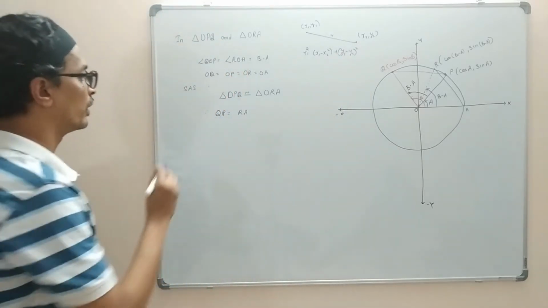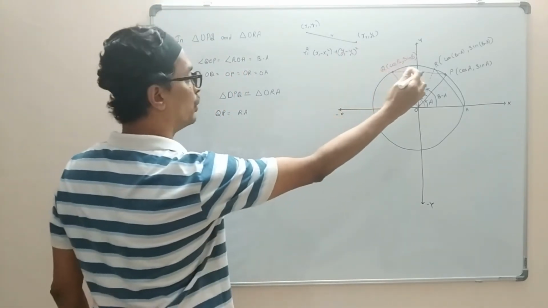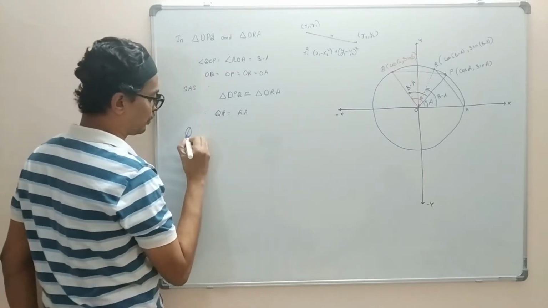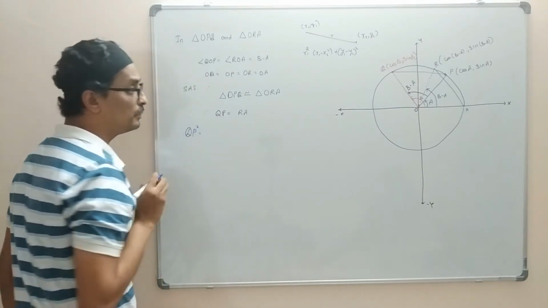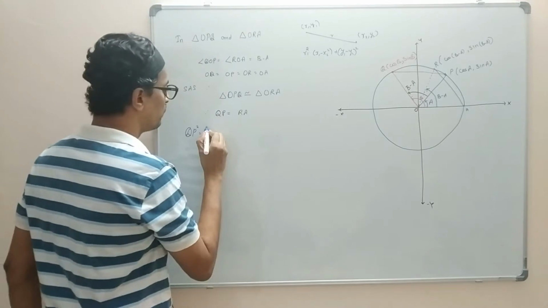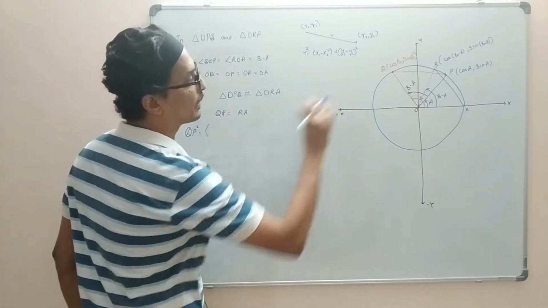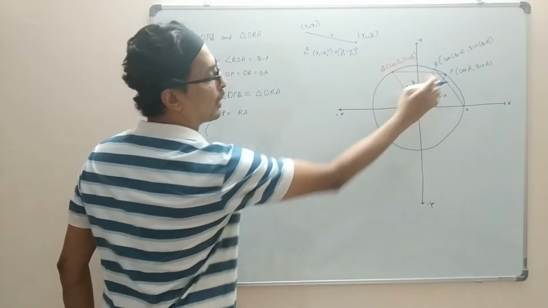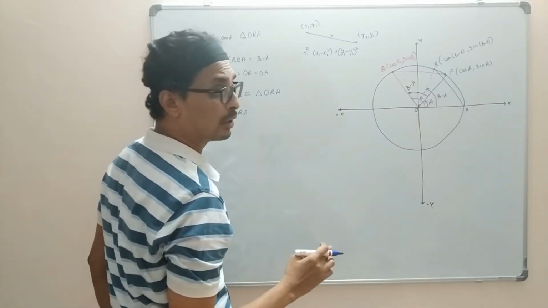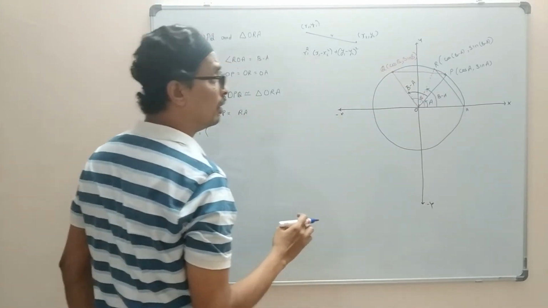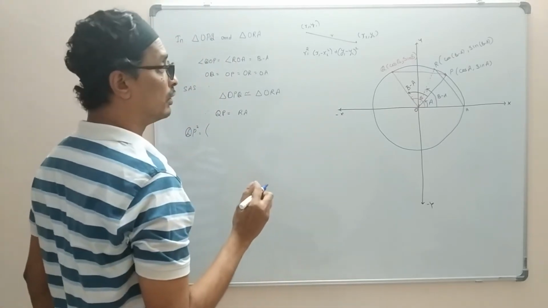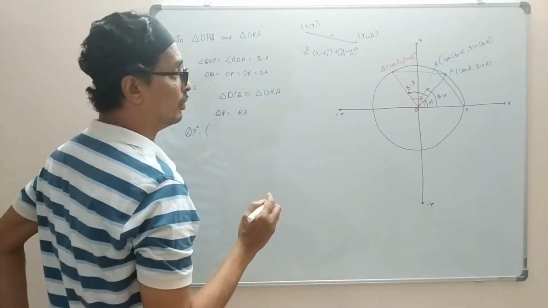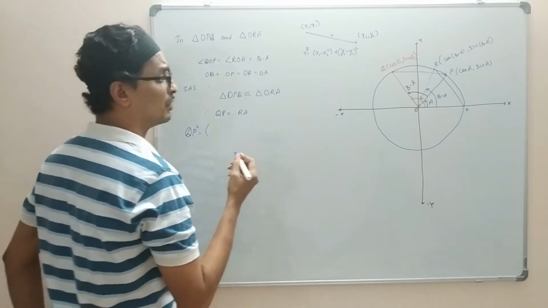Correct? So similarly, I can find out QP equal to what? QP square equal to Q square plus OP square. What is X?